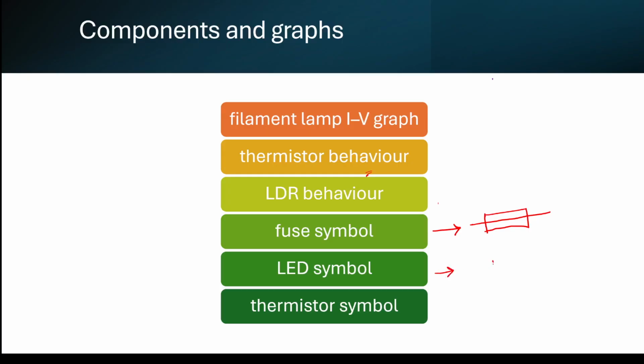LED is a light emitting diode. So diode is an arrow, one direction, and then it emits light. So see how the arrow is outwards, it's emitting light. Thermistor is a temperature dependent resistor.